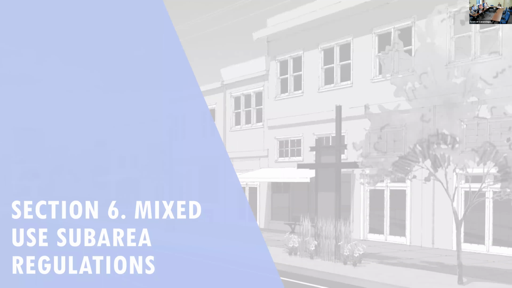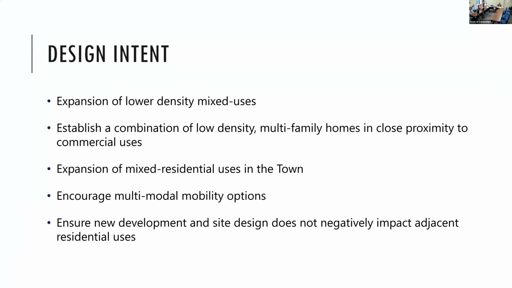And then in the mixed use sub area, that is the area generally within those parameters of Emerson to the north, that area that falls to the east of 332 around Blue Heron Park. The design intent in this area is, again, mixed uses that could be combined to a greater extent, multifamily homes, residential in general, with commercial retail uses.